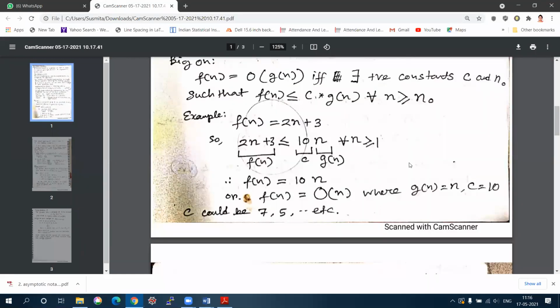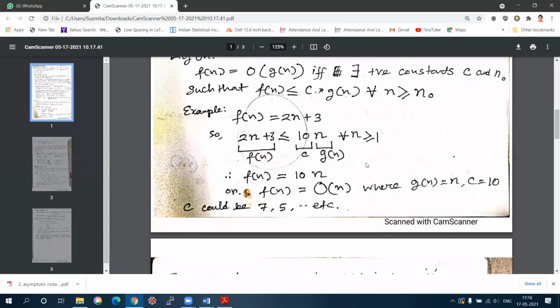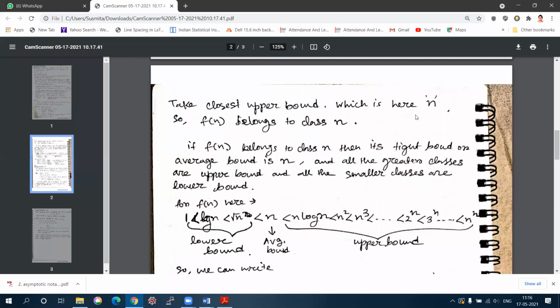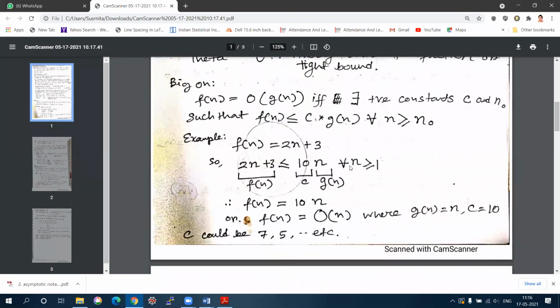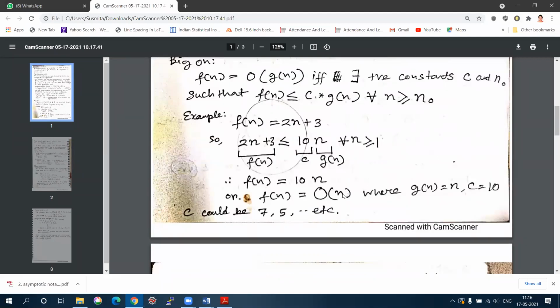For this example, f(n) equals 2n plus 3, we can represent the upper bound as order of n.